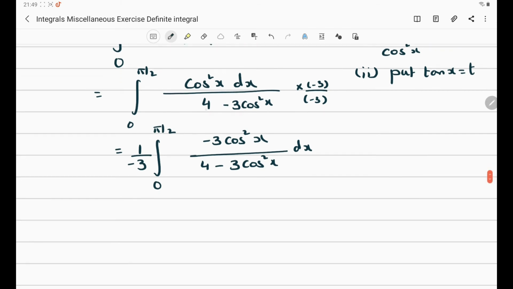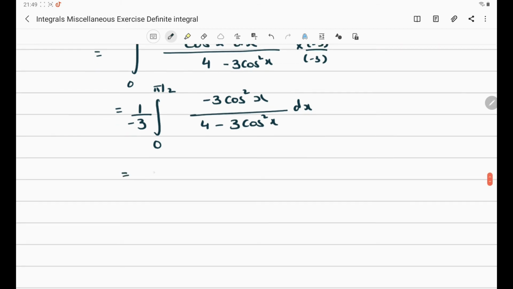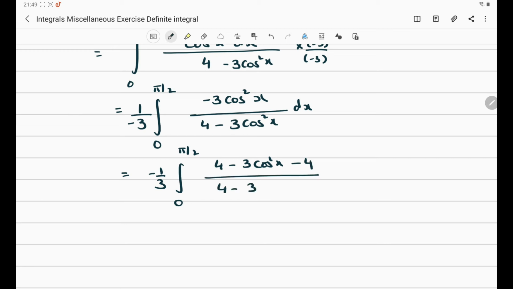Then still we need plus 4, as we have 4 in the denominator. So, we add 4 and subtract 4 from the numerator. So, we get minus 1 by 3, 0 to pi by 2, 4 minus 3 cos square x minus 4 divided by 4 minus 3 cos square x dx.